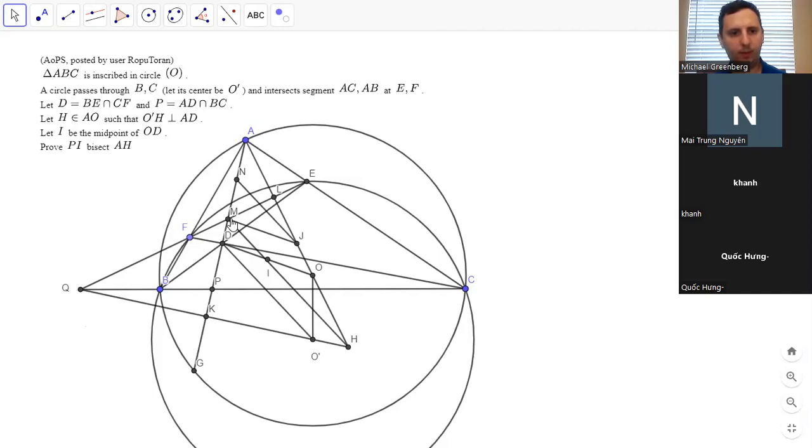So basically we want to show M is the midpoint of AK.